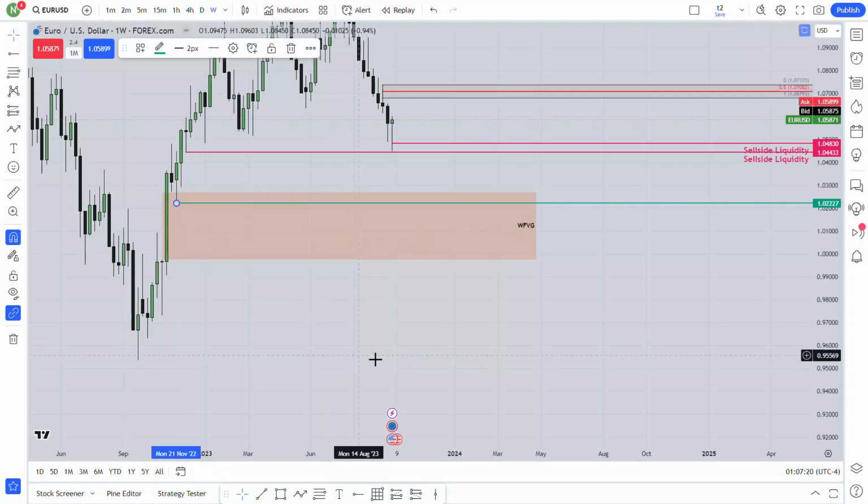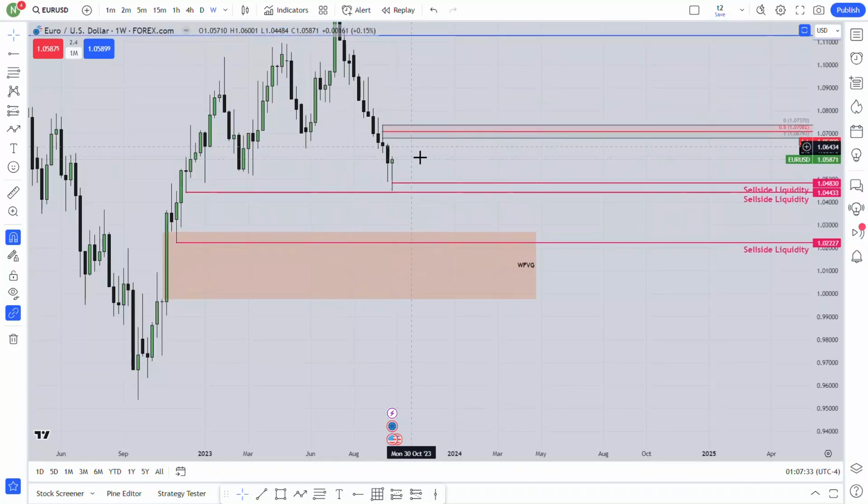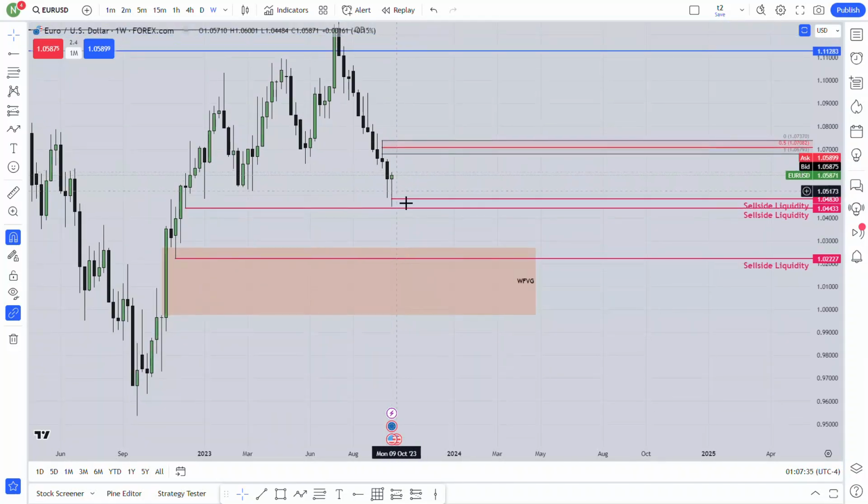So my expectation is market will eventually come to this sell side liquidity, clear it and trade this weekly fair value gap. Right now we are just getting some kind of retracement. At a specific level it will reverse from that level toward this weekly fair value gap.